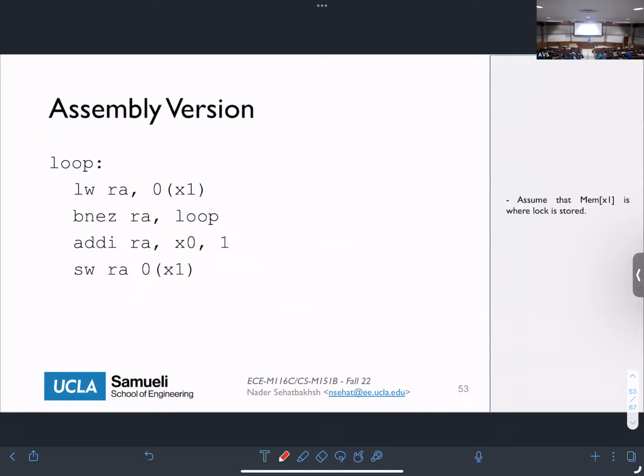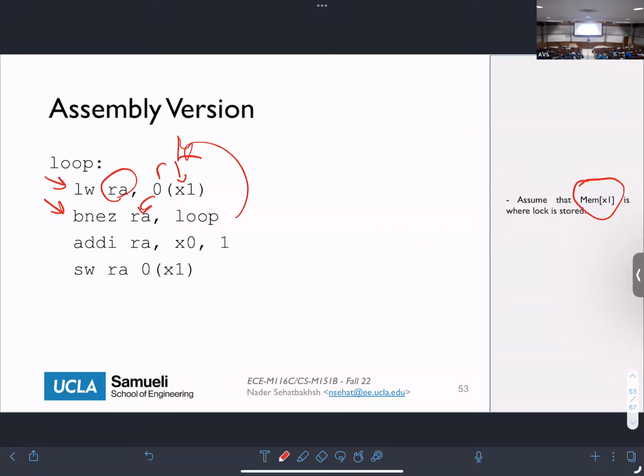And if you think about the assembly version of this, it will look something like this. Basically x1 plus 0, so whatever x1 is pointing to in memory is where the lock is stored. So the lock is literally a location in your memory, nothing else. What we are saying is: load this, branch if not equal to 0, whatever I read here, then keep doing the loop.